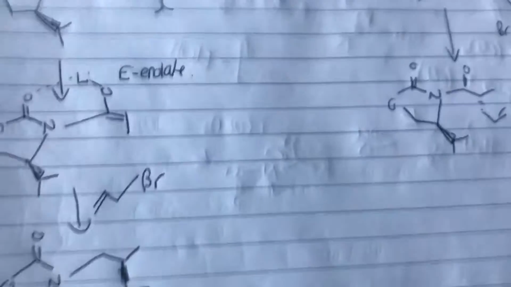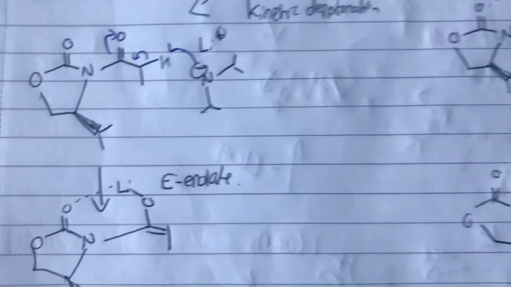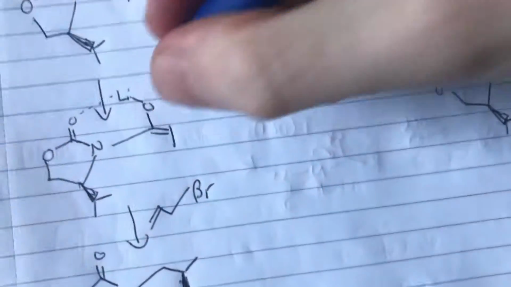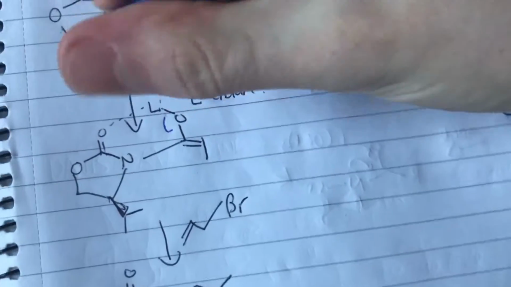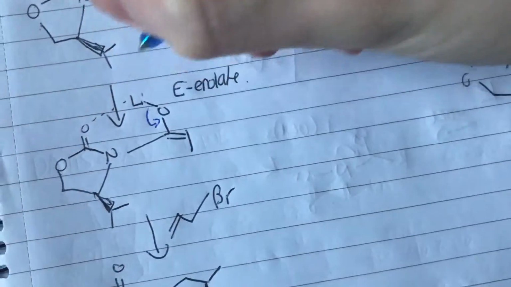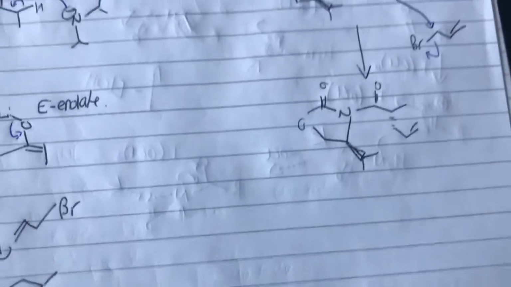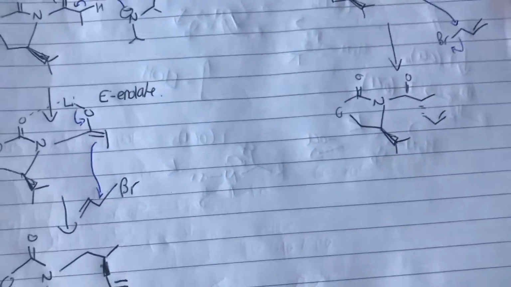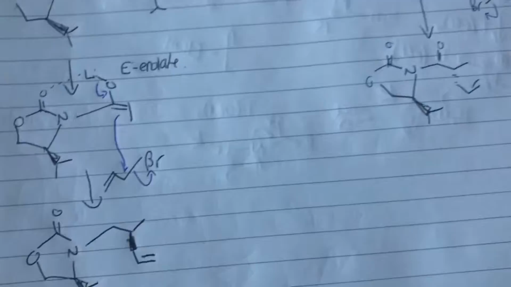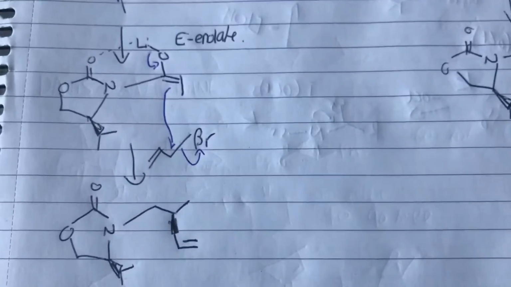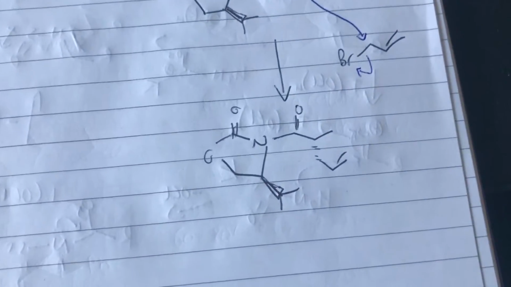So might as well draw this out while we're here. Li can come down again, and then it's exactly the same sort of situation. Go down, attack there, and then we can remove the bromine, and that forms the product, as you can see there, which is different to the one we've got there.